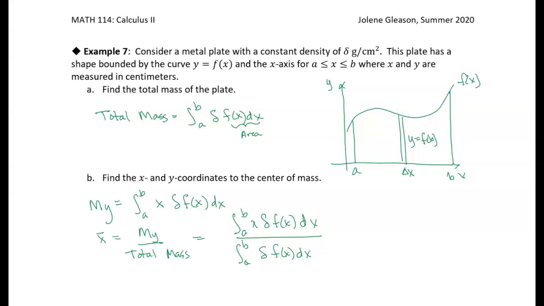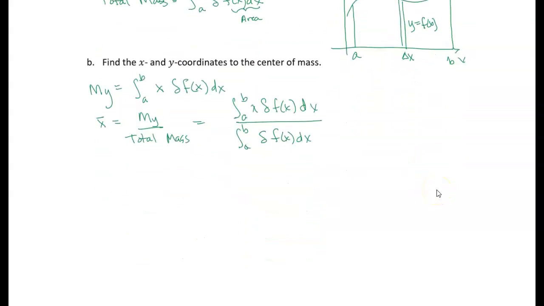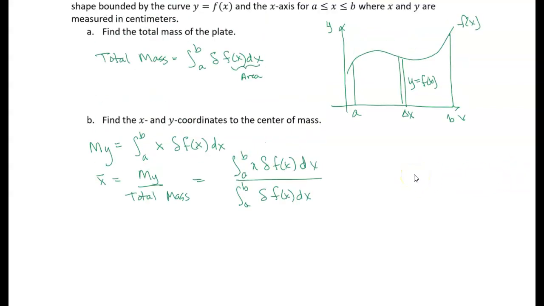But what I want to show you here is when we go to find the moment about the x-axis to get the y-coordinate of the center of mass, we have a little problem. If I try to slice this, it's fine down here.